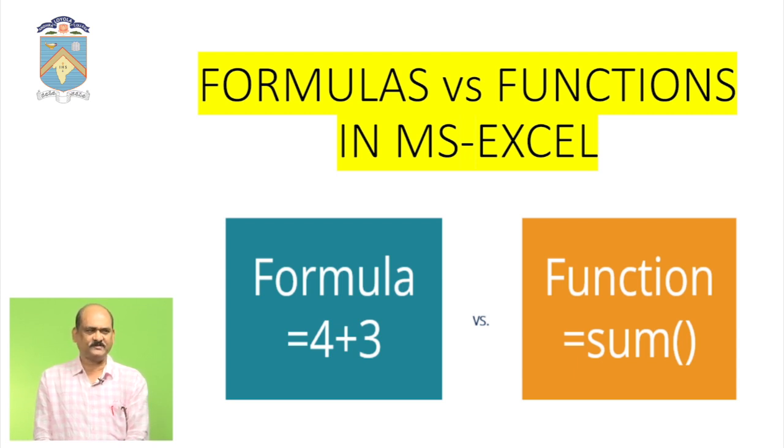On the screen you can see a formula is just equal to 4 plus 3, whereas a function is a predefined built-in function in Excel. And I would like to make a difference between these two in this video.